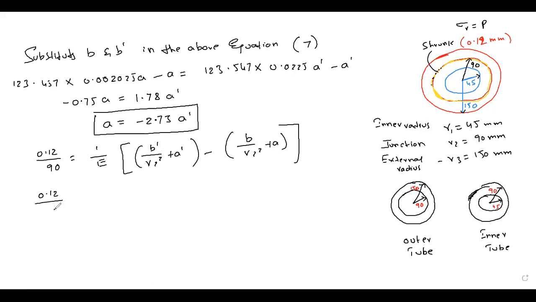0.12 by 90 into what is E value? 200 into 10 power 9 is equal to, finally it can be written like this: 0.0225 a dash. Why? Because I know the value of b dash. We substitute here the b dash value we wrote earlier. By what is r2?